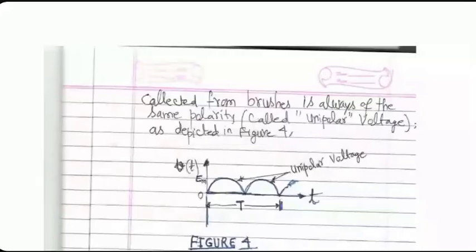This is still not DC. So how do we get DC? This becomes equation 5. We write the unipolar voltage as EM multiplied by magnitude of sin omega t, because now there is no negative value.